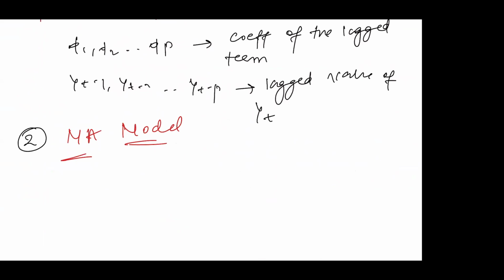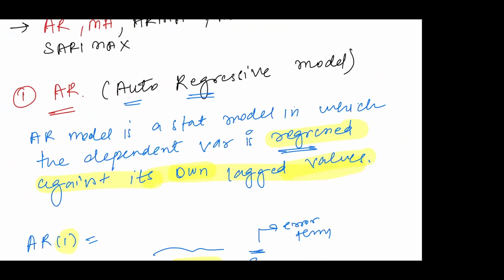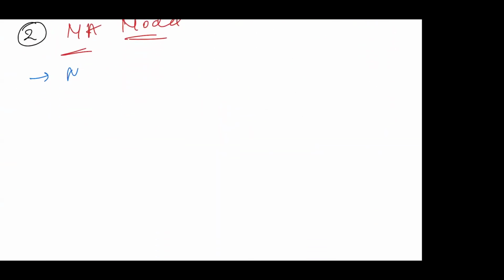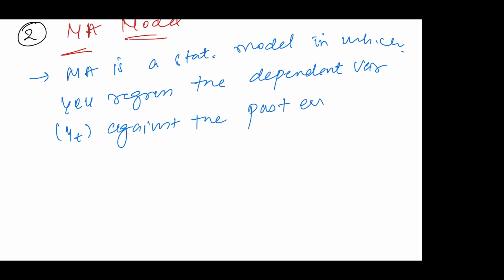So MA model is a statistical model in which you regress the dependent variable, which is yt, against the past error term or residual.